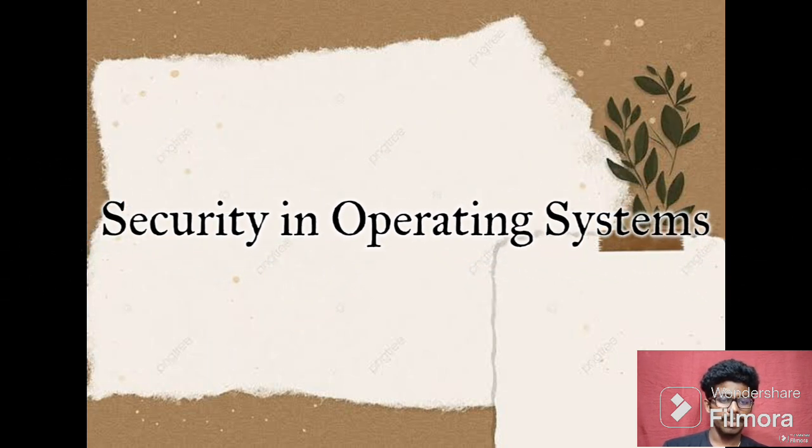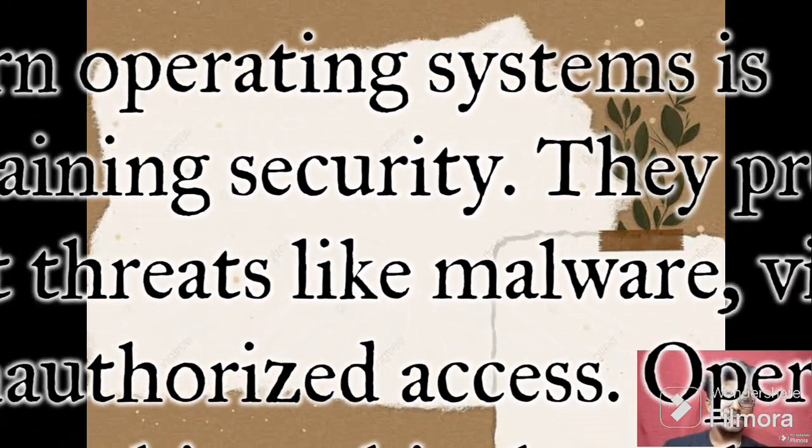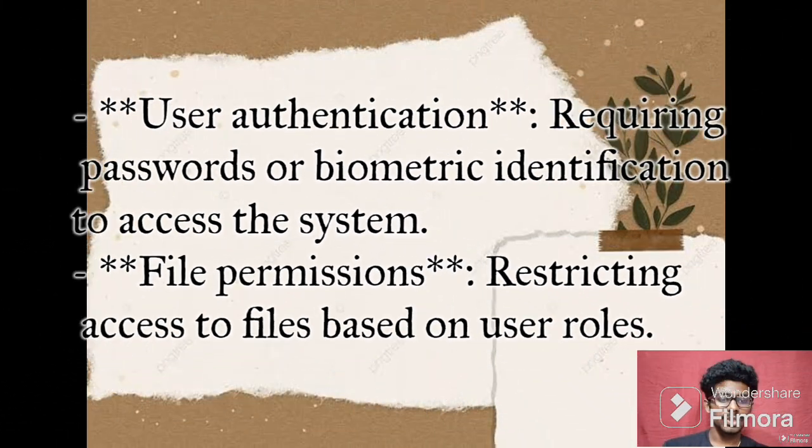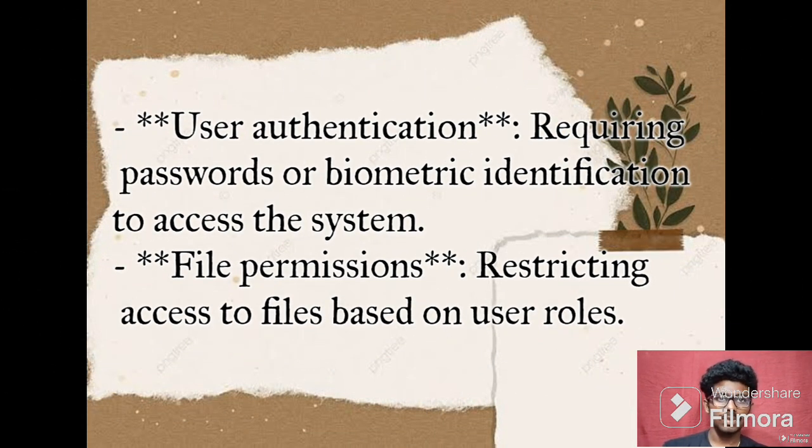Now let's see security in operating system. One of the most critical functions of a modern operating system is maintaining security. They protect against threats like malware, viruses, and unauthorized access. Operating system achieves this through user authentication, which requires passwords or biometric identification to access the system.